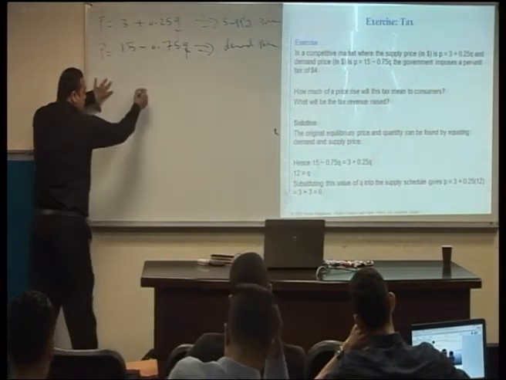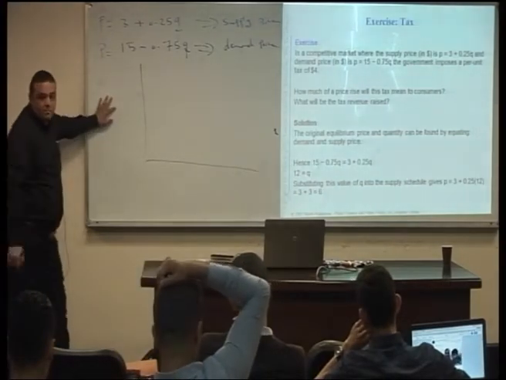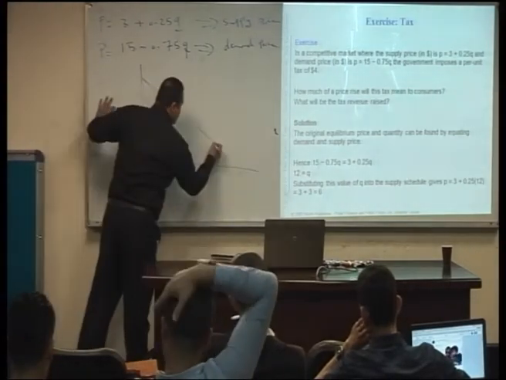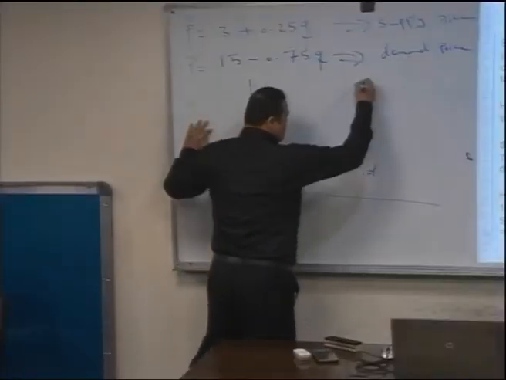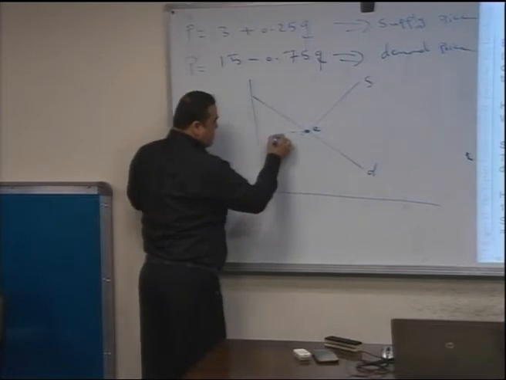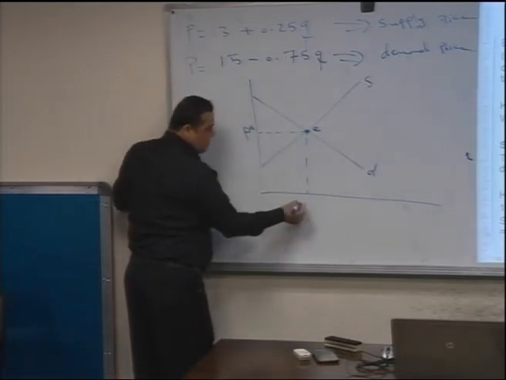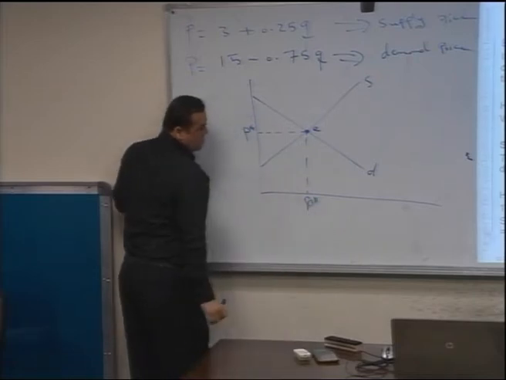Okay, at equilibrium before taxes, this is the demand curve, the supply curve, E, P star, and the equilibrium quantity.